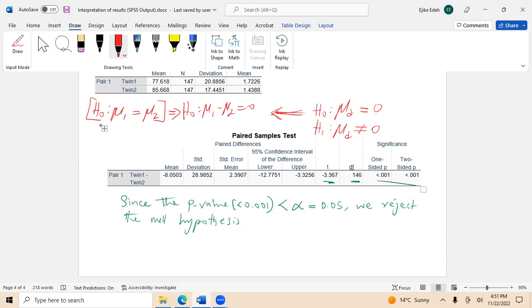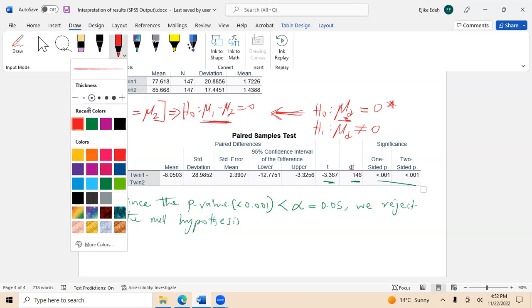If they are equal and you subtract them, you should get 0. If you replace this with mu d, which says difference of two means, you see that is how we got this written this way. They are technically the same thing, and the alternative is that they're not equal to 0. So let's go back to green and finish up our interpretation.